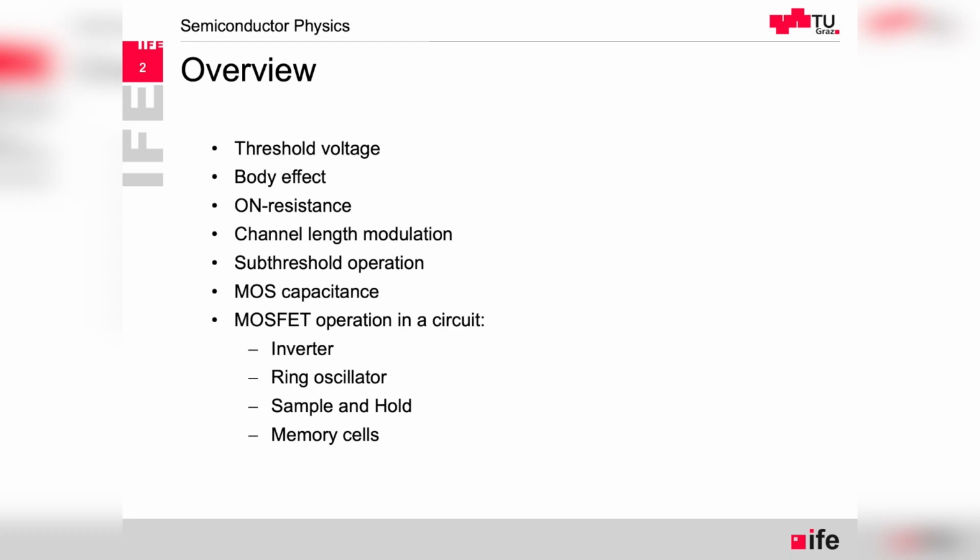In the linear and the saturation region, we will have the on resistance, and in saturation region, channel length modulation, then subthreshold operation, and something that will be more important for the transistor-based circuits, which is the MOS capacitance. And finally, a few very simple introductory examples of MOSFET-based circuits.